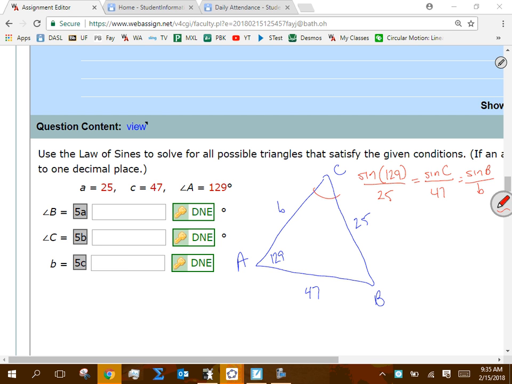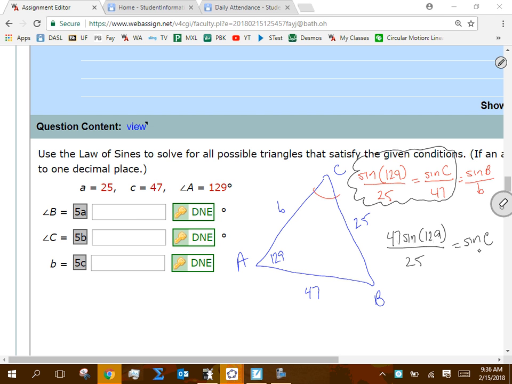Those are my three ratios. I know, and hopefully you do too, that you initially have to choose those two to do our work, right? So when I do the law of sines with those, cross multiply, I'll get 47 sine of 129. It'll eventually be divided by 25, and that will equal sine of C, right?